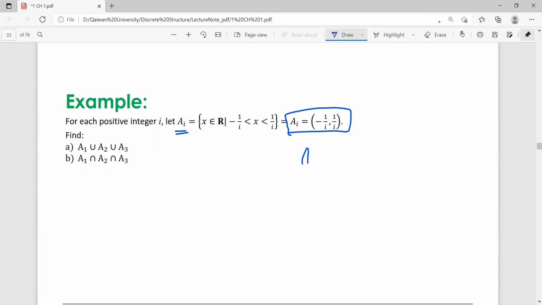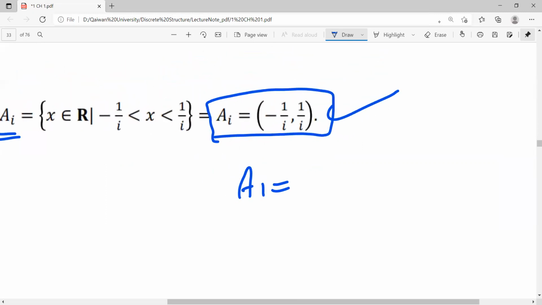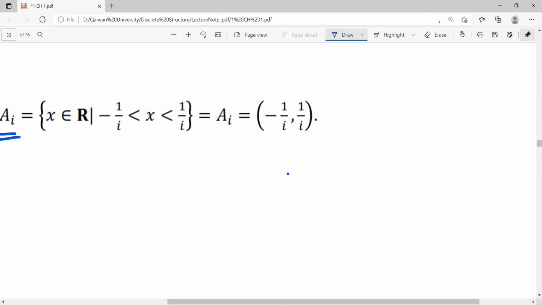How about A1? The index is 1, so we just replace I by 1. A1 equals minus 1 over 1 to 1 over 1, which equals minus 1 to 1.